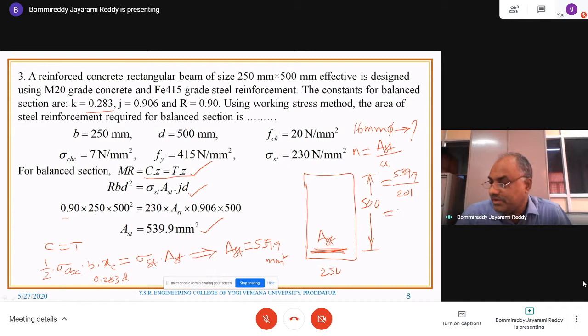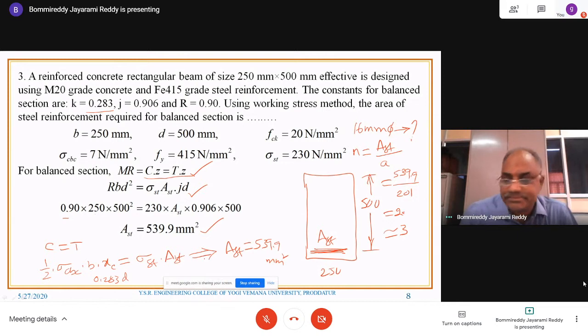You will get 2 point something, so the number of bars required will be 3. So the question need not be only the magnitude of the area of steel reinforcement; it may be extended to how many bars are required. For this particular section, the number of bars required will be 3 numbers. So this is how the problems are to be solved.